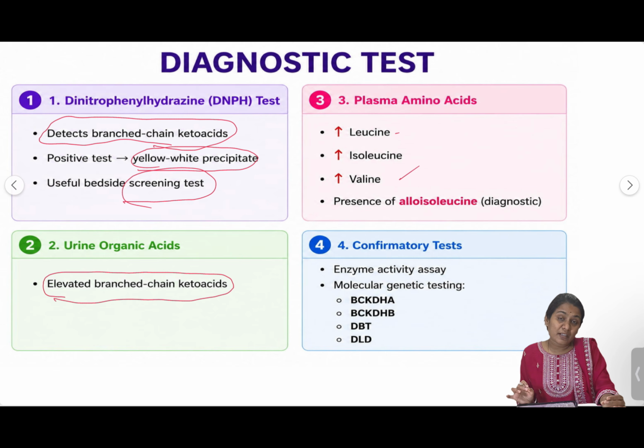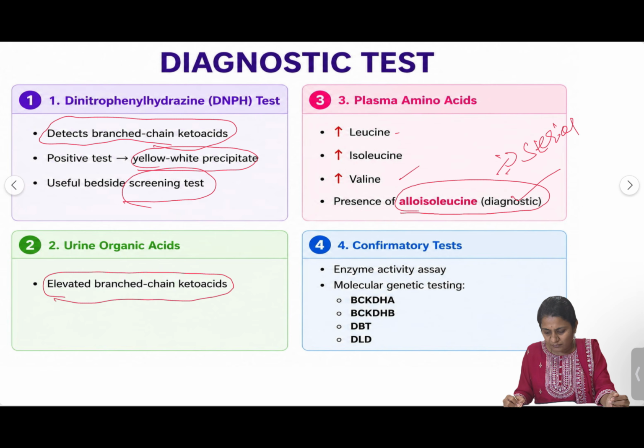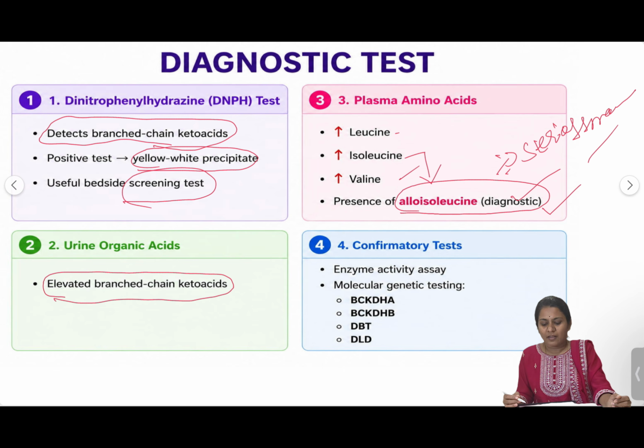And again one definitive test is there, that is the measurement of alloisoleucine, which is diagnostic of this MSUD, because alloisoleucine is a stereoisomer of isoleucine. It is usually not present in the blood. Because isoleucine is in excess amount, it is converted to alloisoleucine. So this is more specific.